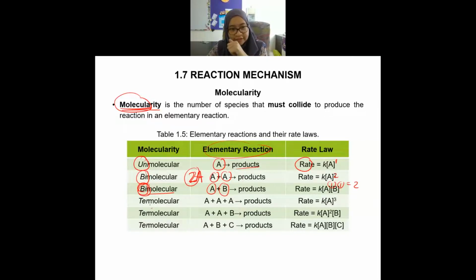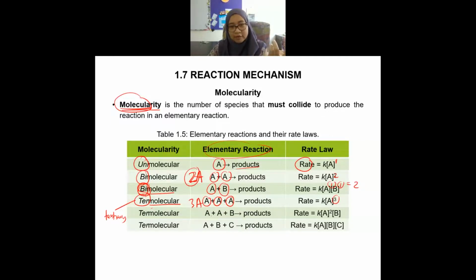Okay? Termolecular, guys. Termolecular. That means we have 3 particles involved in the reaction, in the collision. So the first possibility will be 3A. How do we write the rate law? Rate is equal to k[A] to the power of 3. So the order will be 3.